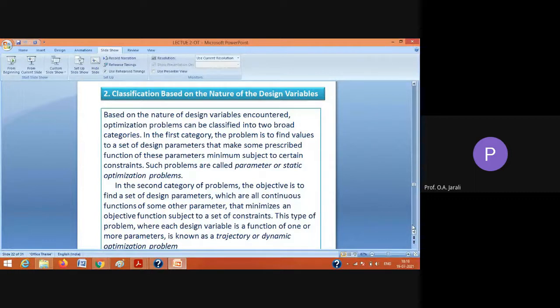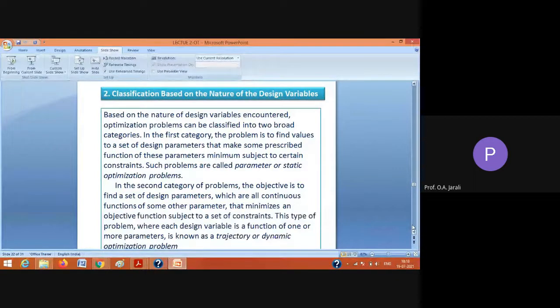In the second category of problems, the objective is to find a set of design parameters which are all continuous functions of other parameters that minimizes an objective function subject to a set of constraints. So this is the second category.